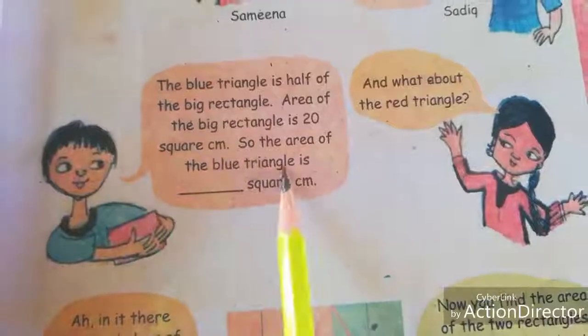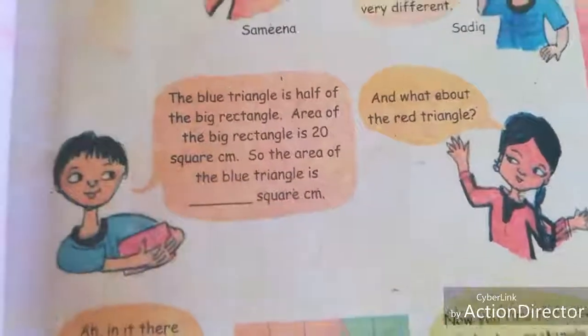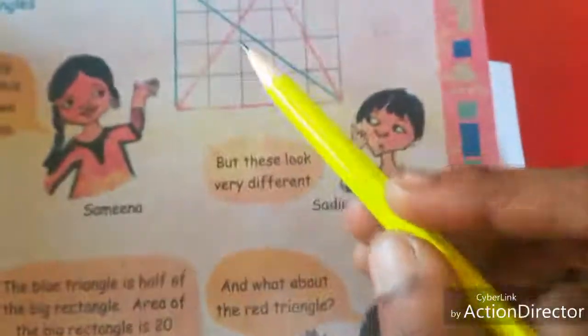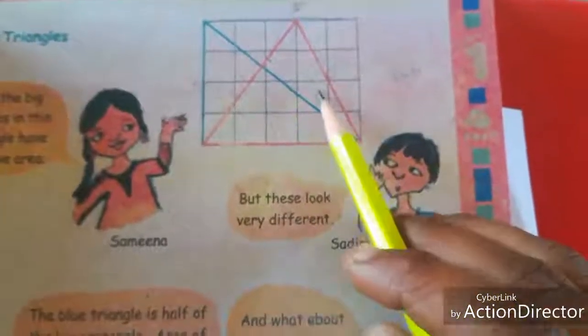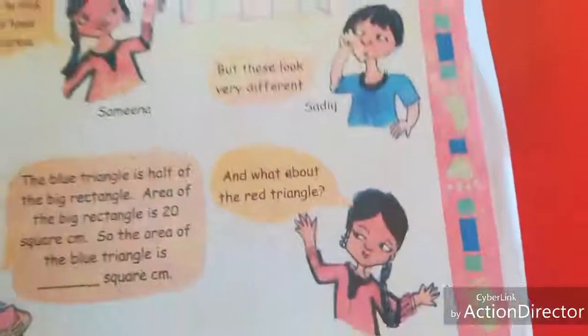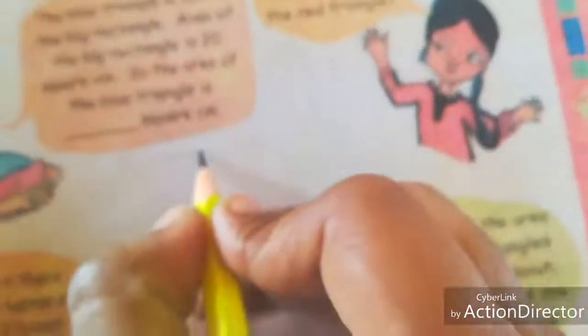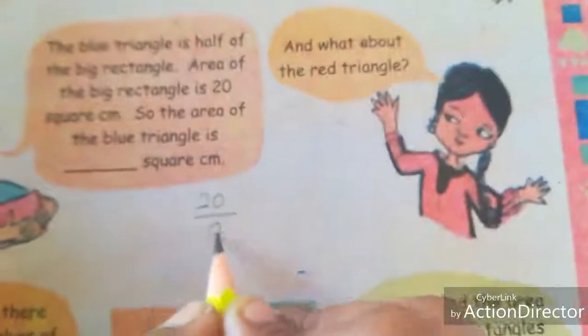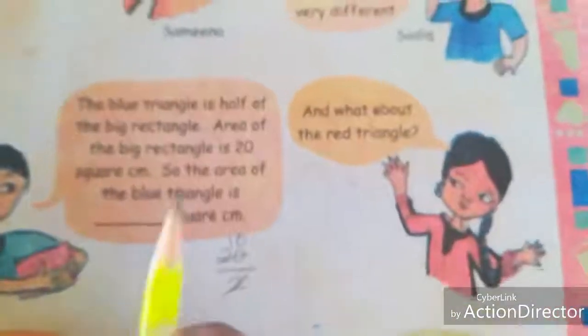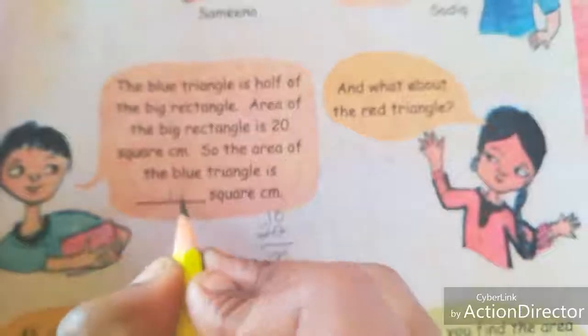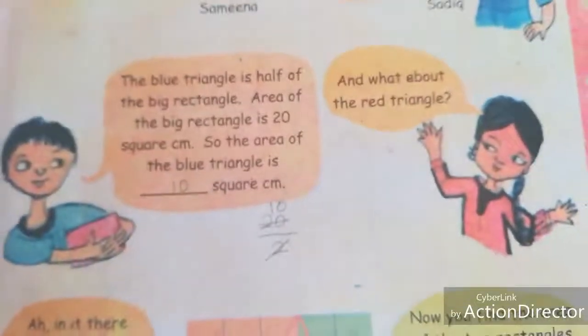So the area of the blue triangle is dash square centimeter. Already I said the blue triangle divides the rectangle into 2 halves. So 20 divided by 2. 2 1s are 2 and 0 will come. So the area of the blue triangle is 10 square centimeter.